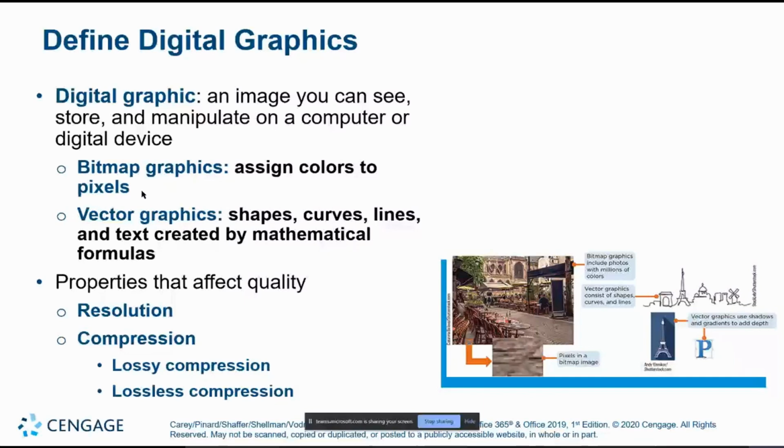Some formats like GIFs only support 256 colors. It's a very limited palette, whereas PNGs and more high quality image formats will support massive ranges, millions upon millions of colors. And these are the ones that your digital artists tend to work with, PNGs and JPEGs.